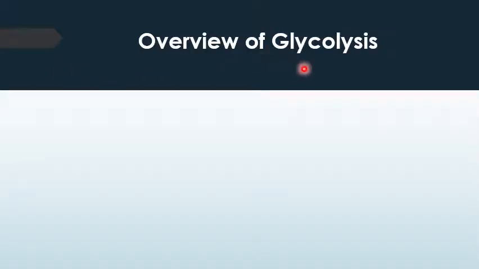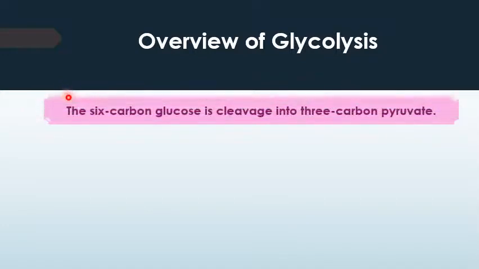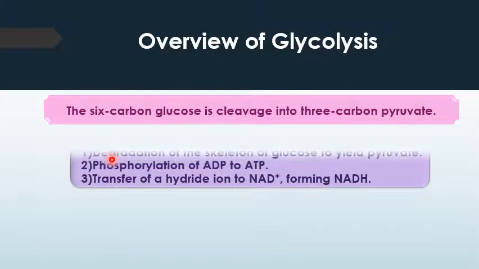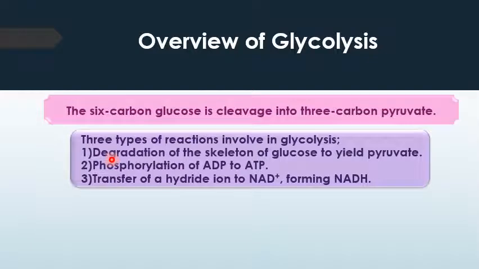Now we can summarize the glycolysis process by the following points. Firstly, the 6-carbon glucose is cleaved into 3-carbon pyruvate, and there are 3 types of reaction involved in this process: degradation of glucose into pyruvate, phosphorylation of ADP into ATP, as well as transfer of a hydride ion to NAD+ to form NADH.